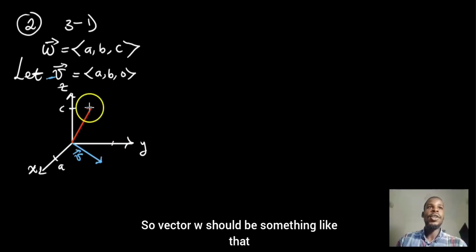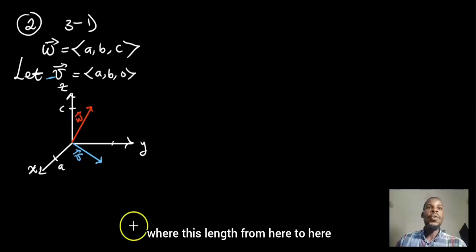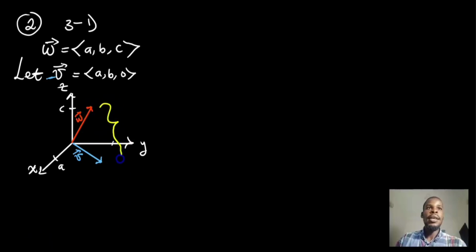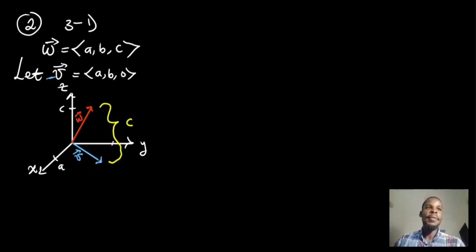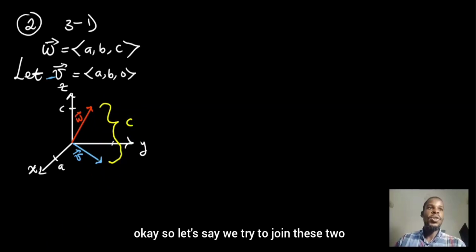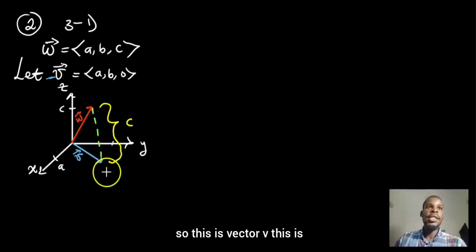So vector w should be something like that, where this length from here to here is c units above the xy plane. Let's try to join this to that. Good. So this is vector v.